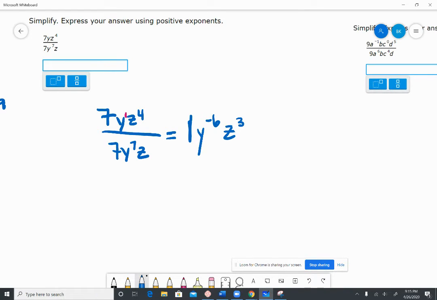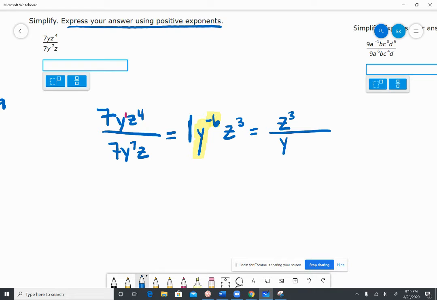Now, again, it's asking us to express our answer using positive exponents. So this negative 6 right here is just not going to fly. We're going to have to send that y down. And again, that negative 6 is attached to the y. So we're going to have to send that y down to the other floor. And so the z can stay because it's positive. It can stay on the first floor.